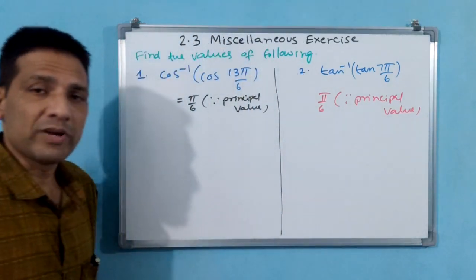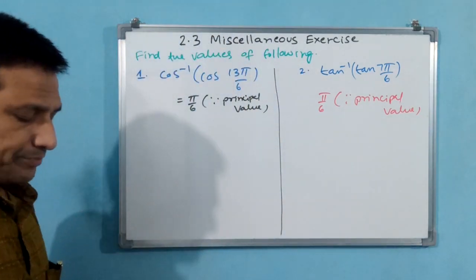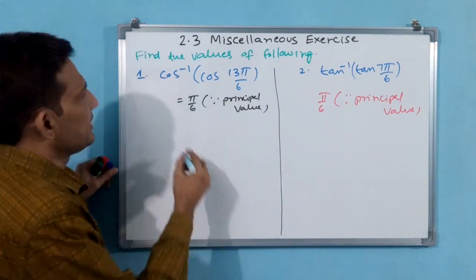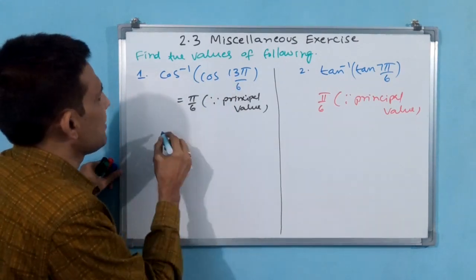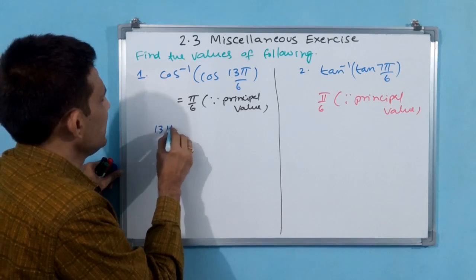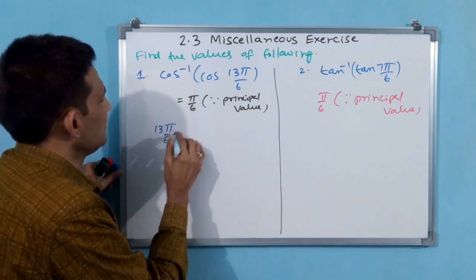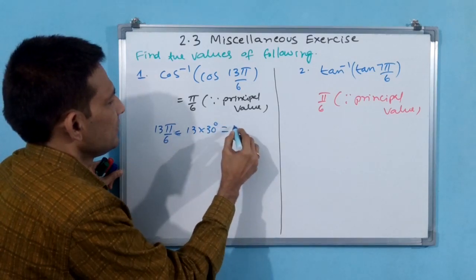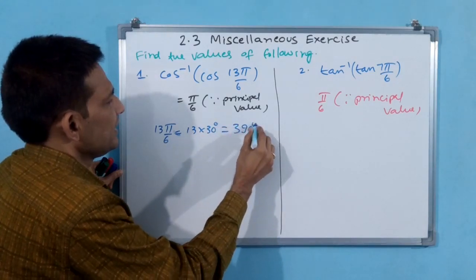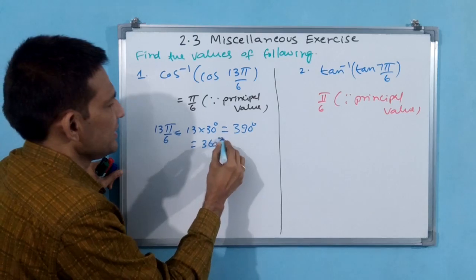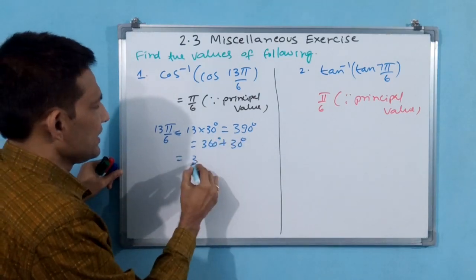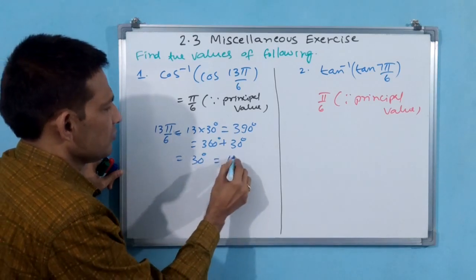Okay, you understand now how it has come? If anybody doesn't understand, then I will write again the circle diagram. You see, cos inverse cos 13 pi by 6 is 13 pi by 6, that is equal to 13 into 30, that is equal to 390 degree, that is equal to 360 degree plus 30 degree. Okay, that is equal to 30 degree, that is equal to pi by 6.